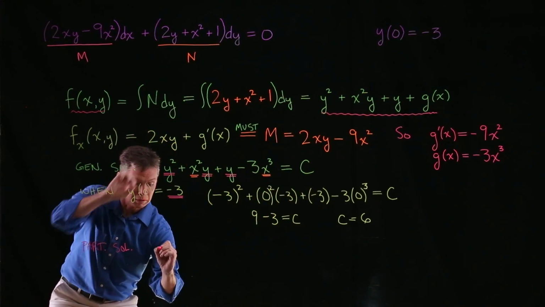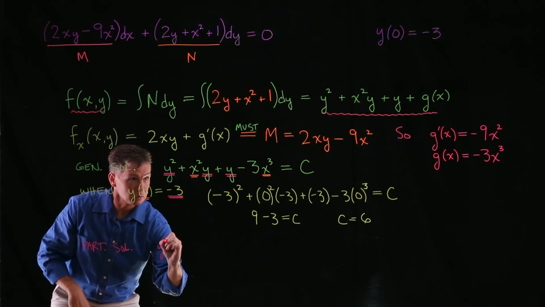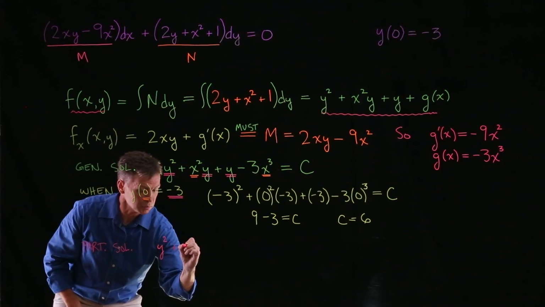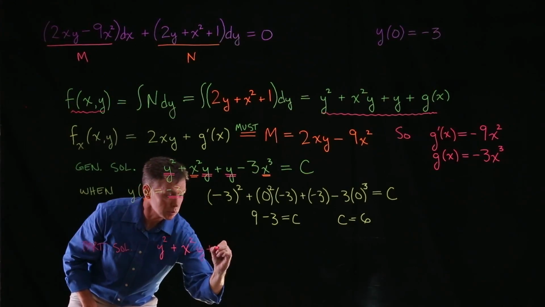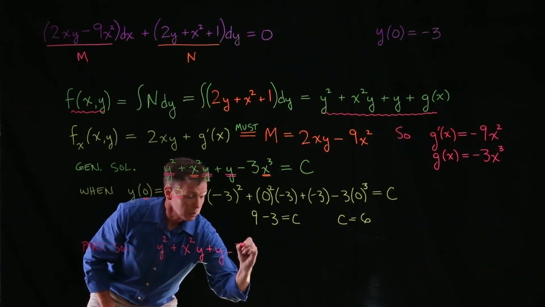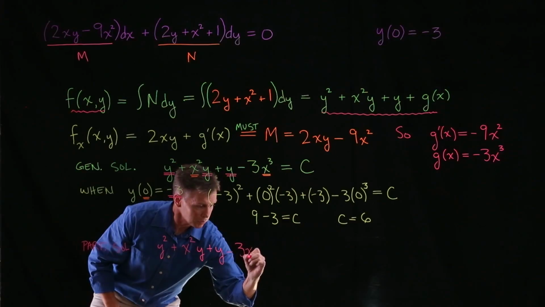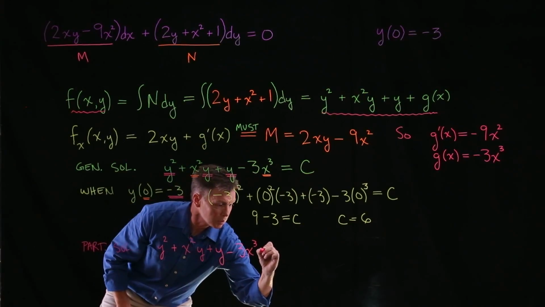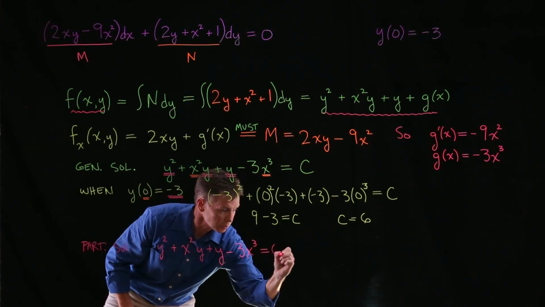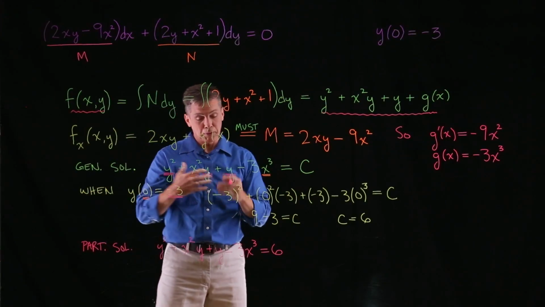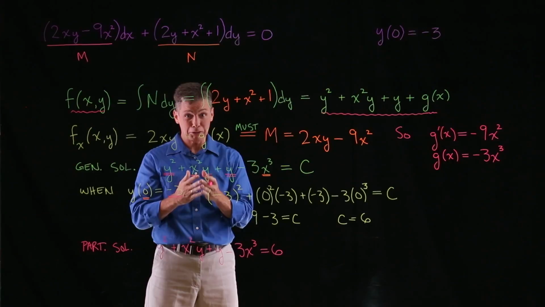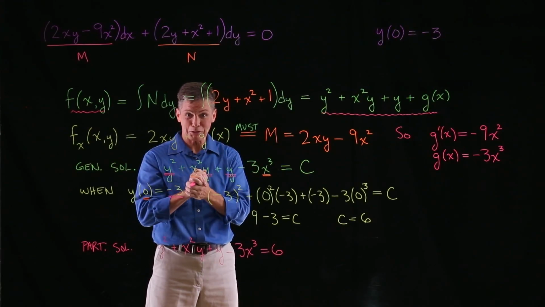So I'm looking right here at y squared plus x squared y plus y minus 3x cubed equals 6. Whew. That's the particular solution, okay? A bit of work, but you feel good when you get the right answer. So go get some right answers on your own.